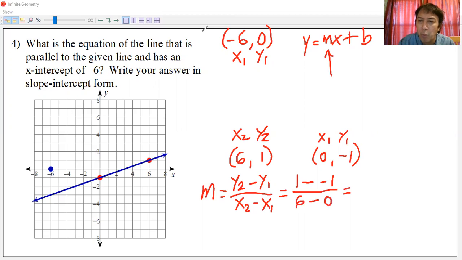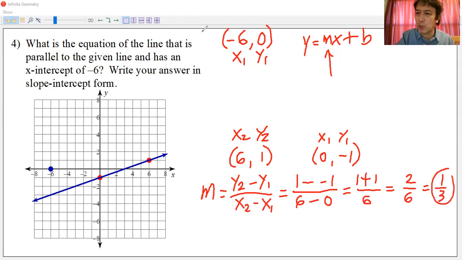So this is now minus negative, that becomes plus. So we will have 1 plus 1, and this is divided by 6 minus 0, which will just give us 6. So this is 2 over 6, and this is reducible to just 1/3. And we have the required slope. That's 1/3.